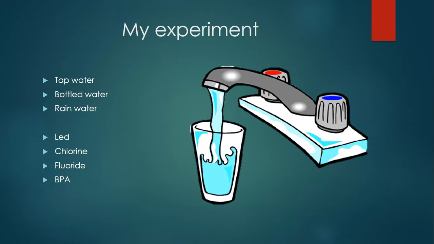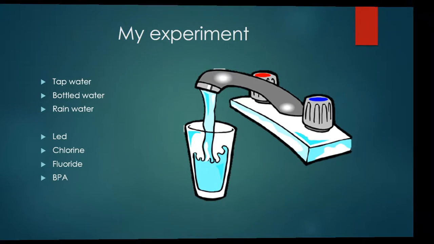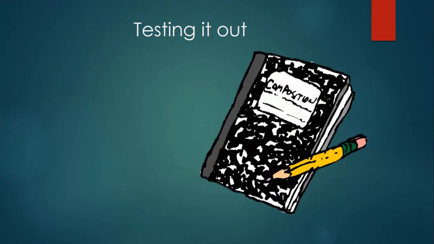Now, I'm pretty sure that the water I drink does not have lead in it, but it might have fluoride, BPA, maybe some bottled waters might have BPA. You really never know. And those are the four that I really have familiarized with. So that's why I felt like I wanted to do that. So yeah.